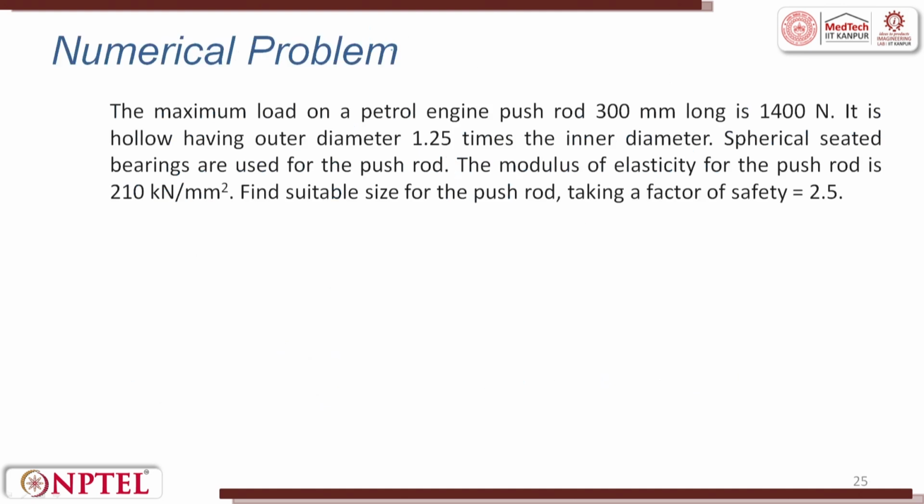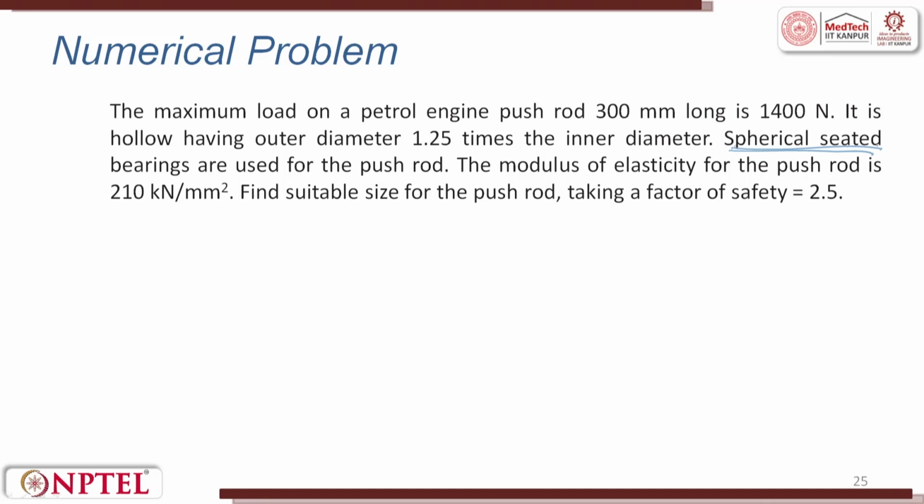Now, let us try to solve a numerical problem. The maximum load of a petrol engine push rod 300 millimeter long is 1400 Newton. It is hollow, having outer diameter 1.2 times the inner diameter. Spherically seated bearings are used for the push rod.